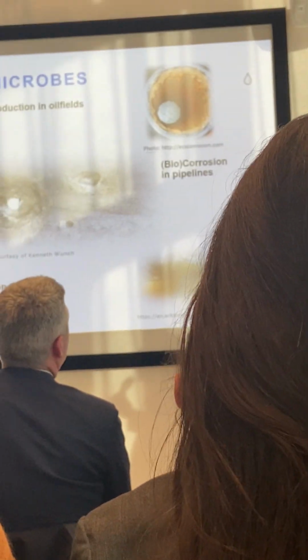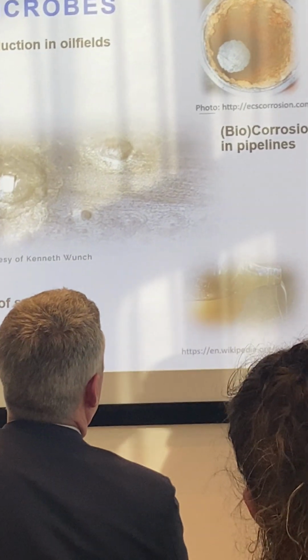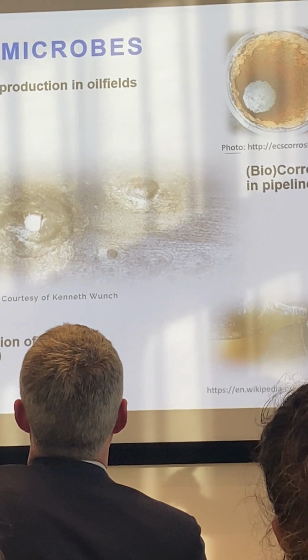And this is such a big production of elemental sulfur that in the 90s, the sulfur mines in California had to close because the oil industry was giving it away for free.